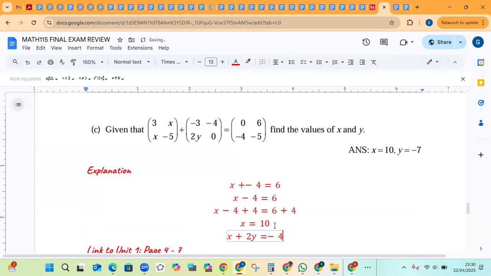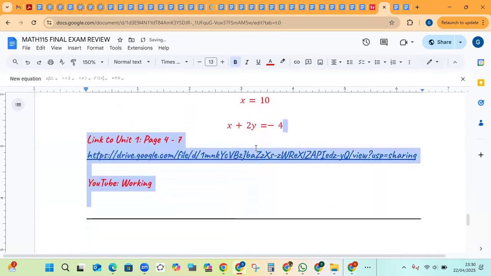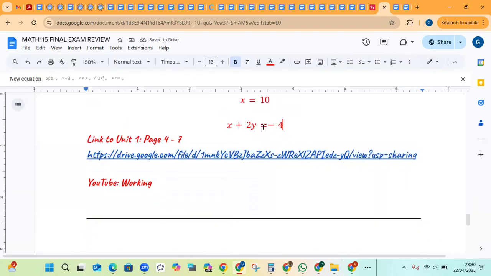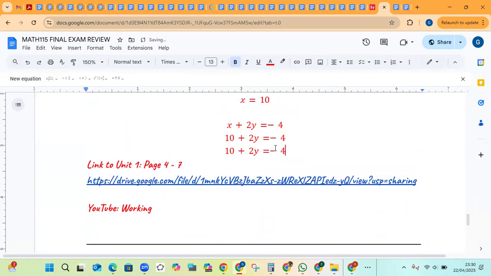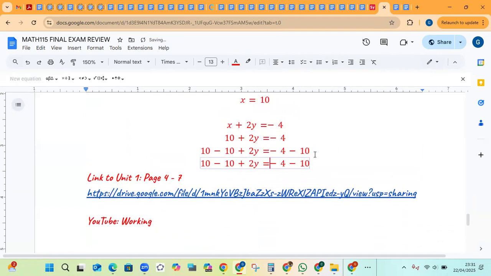We already found the value of x, which is 10, so we can substitute 10 in place of x. Now we have 10 plus 2y is equal to negative 4. We only have one letter to solve for, so we subtract 10 on both sides and cancel out 10 from the left side. 10 subtract 10 is 0, so we are left with 2y. Negative 4 subtract 10 is negative 14.